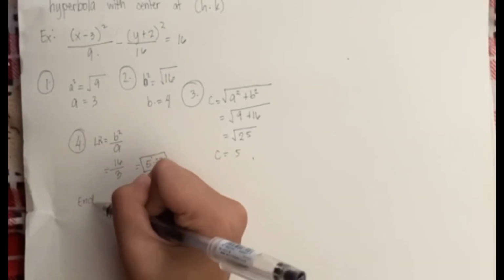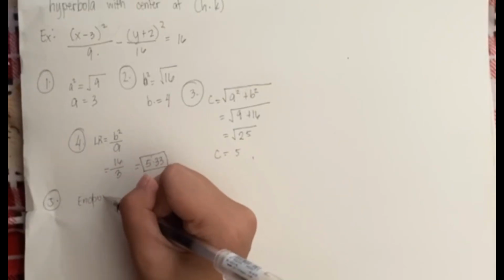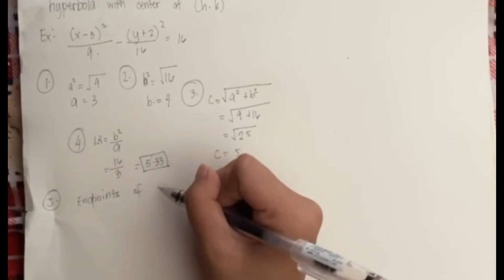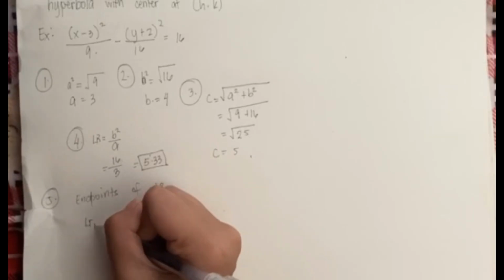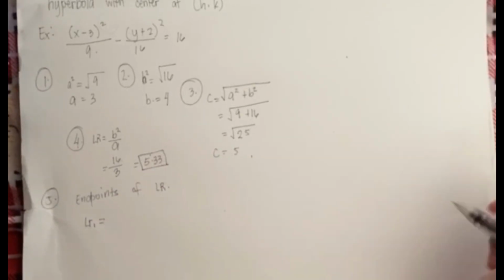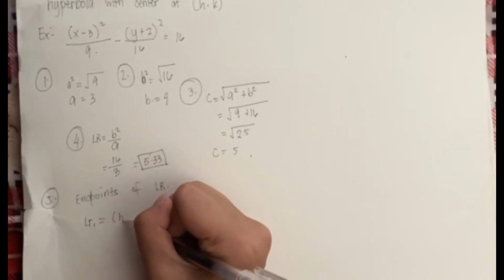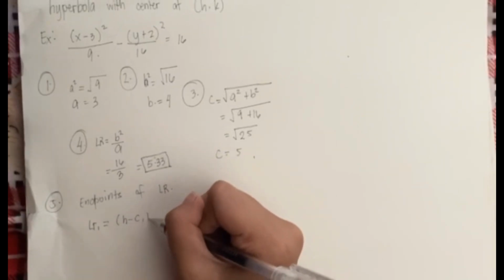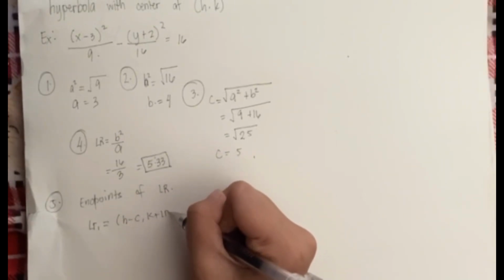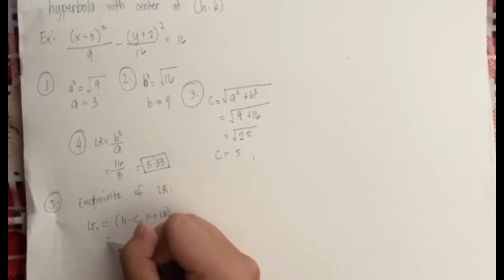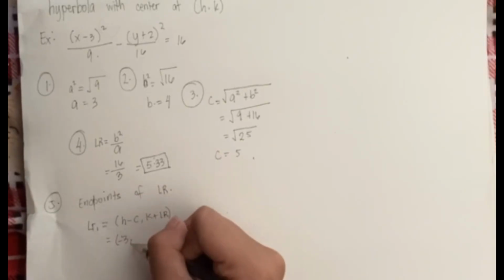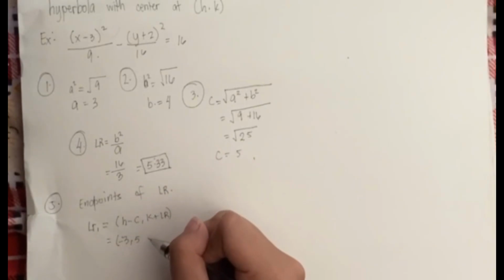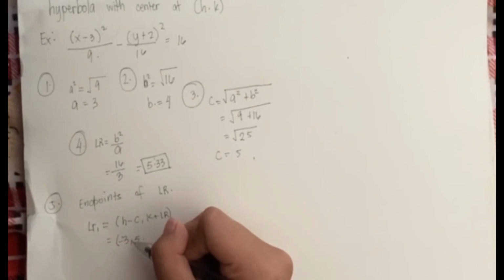Now that we're done with the LR, you have to solve the endpoints of the latus rectum. For the first LR, you have to use the formula h minus c and k plus LR. Then substitute the values. You have negative 3 minus 5.